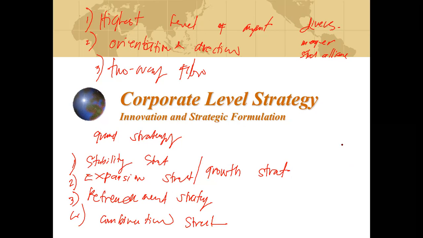The number 3 strategy, overall strategy under corporate level, is your retrenchment strategy. This is pursued when the company opts for decreasing its scope of activity or operation. In retrenchment strategy, a number of business activities are retrenched or cut or reduced. Okay? So you are like dropping a segment or dropping a certain part of the operation.